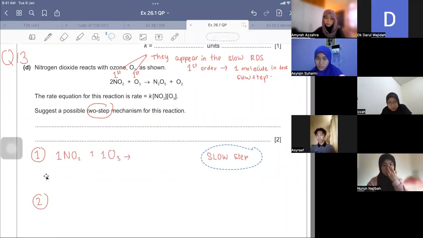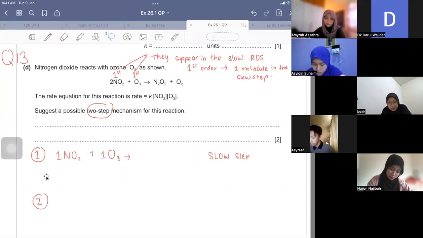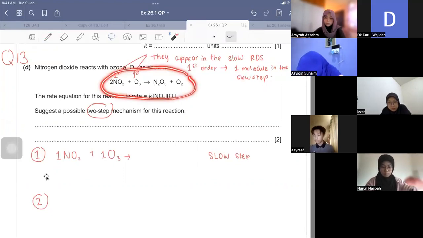It's actually like playing jigsaw puzzle where you have to sort of guess, but you don't just make a blind guess. You have to think about putting the 2 steps, adding them up to give you the overall equation as given in the question.